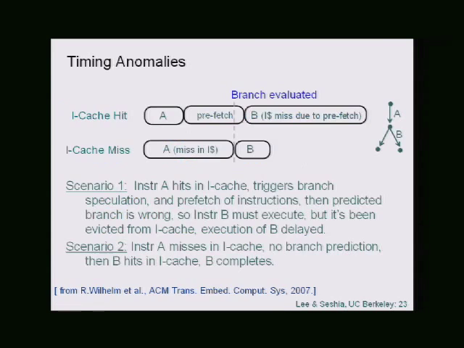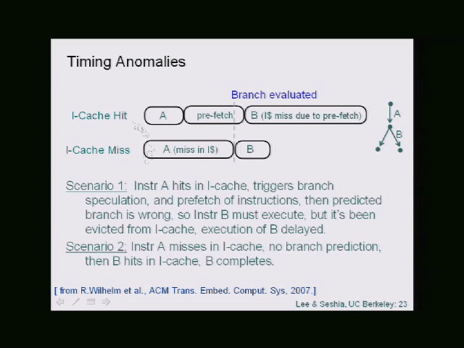But there's a situation reported in a bunch of papers where actually getting a cache hit is the worst case, and here's how it happens.